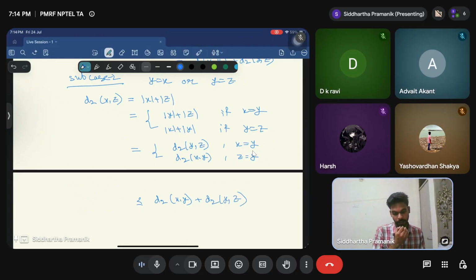We are getting the triangle inequality. So is it okay? Are you following? So it holds. So d2 is a metric.